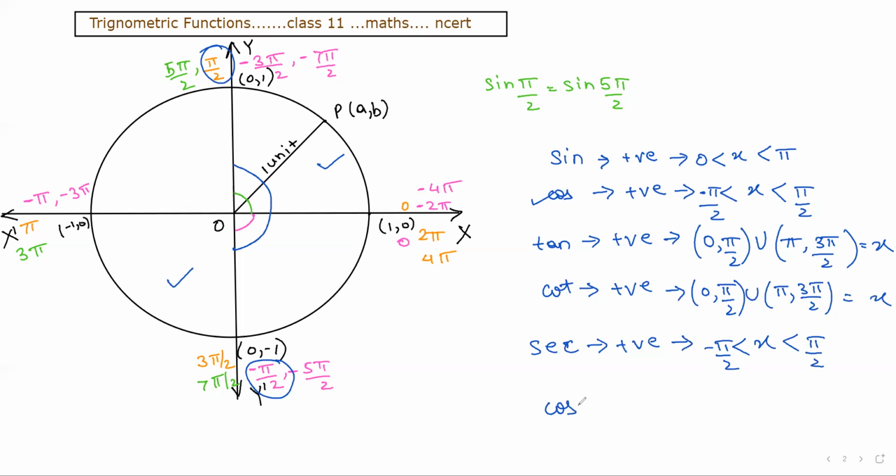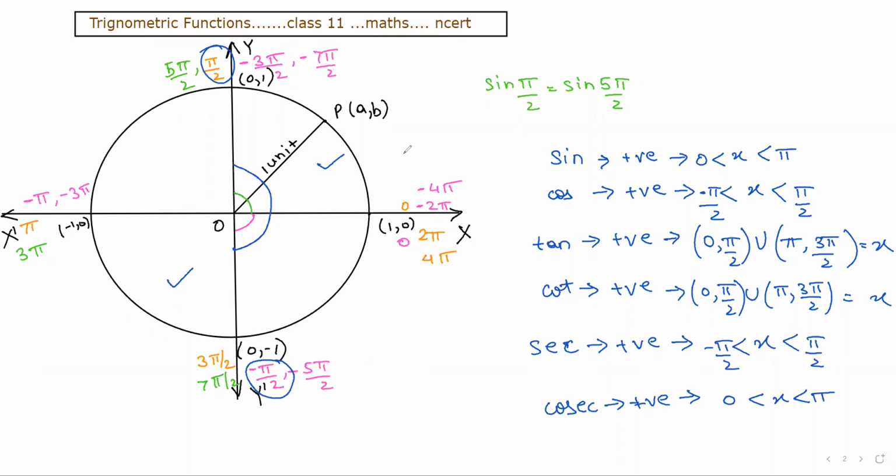Similarly, your cosec value is positive and your angle lies between 0 to pi, because cosec is the inverse of sine. Now you will use this information that you just attained along with how it is increasing.